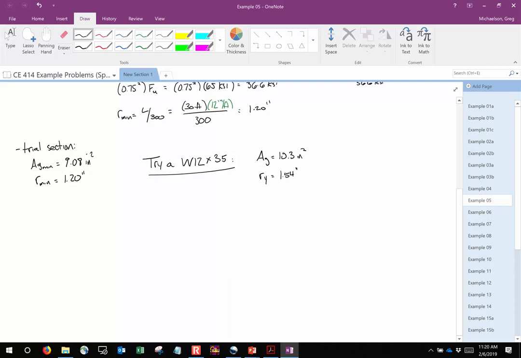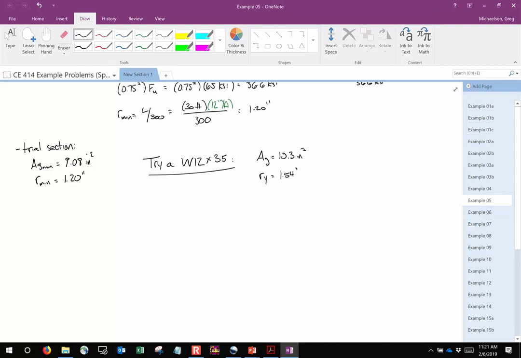What is the next lightest W12? A 12x30. Why didn't you pick that one? The Ag is 8.79. Okay? So there's a reason that you didn't pick that next lightest one. Sound good? Does everybody else see that?